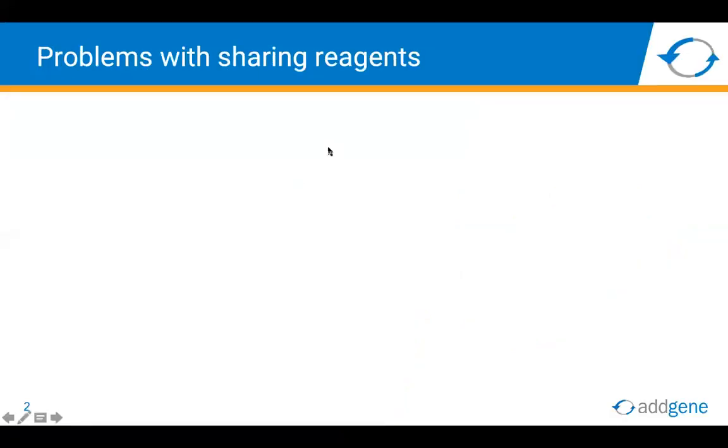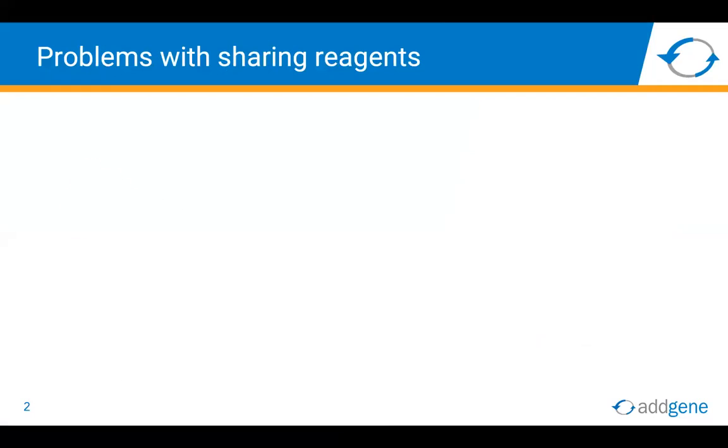So before I dive into what Addgene does as a plasmid repository, I wanted to share a scenario that some of you may have experienced when dealing with acquiring or sharing key research reagents like plasmids.